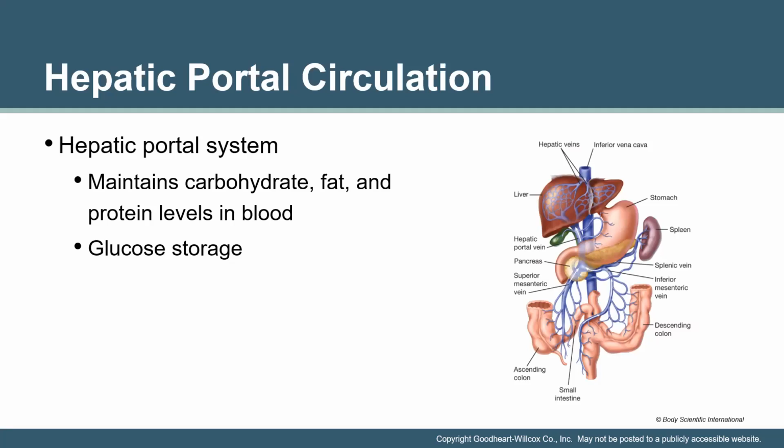The veins that drain the stomach, spleen, and pancreas, and the small intestine and colon will deliver blood to the liver through the hepatic portal vein. This blood is rich with nutrients like carbs and fats, and as the blood percolates through the liver, some of the nutrients are removed, stored, or repackaged for another use.